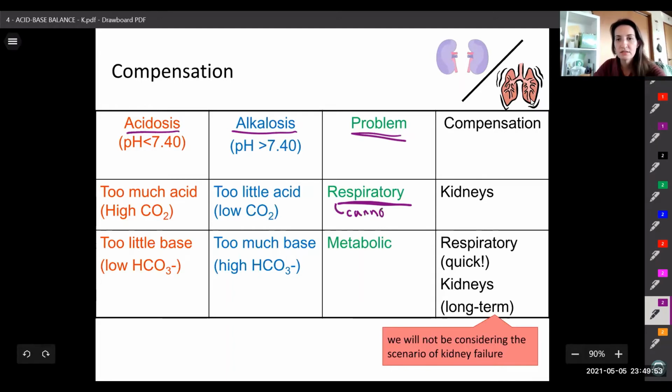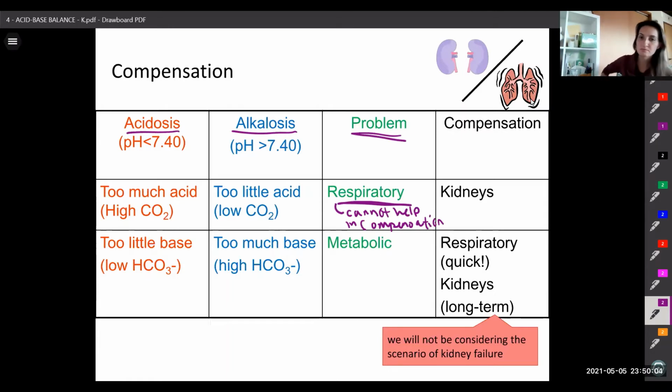Cannot help in compensation. We're going to say that if the lungs are the problem or ventilation is the problem, then the respiratory system is compromised. It can't help in the compensation process.